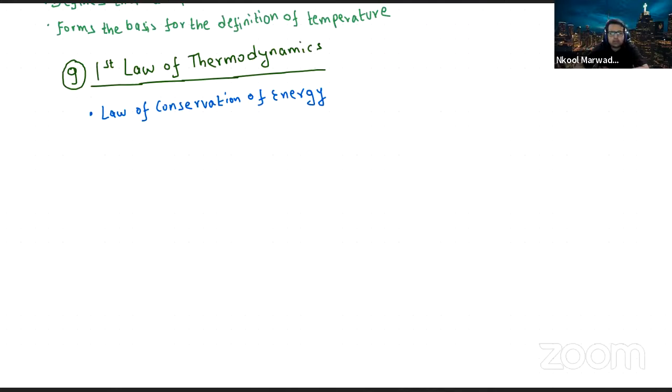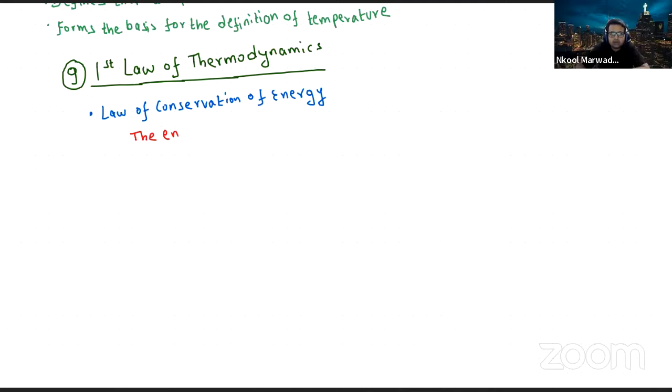In short, to be precise, we can say that the energy of an isolated system remains constant. Because an isolated system is that system in which neither the exchange of matter nor the exchange of energy is taking place.